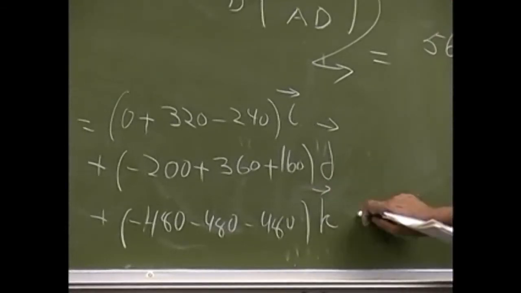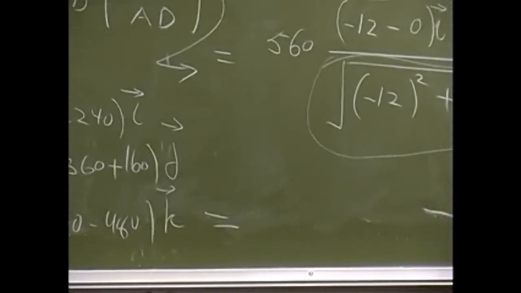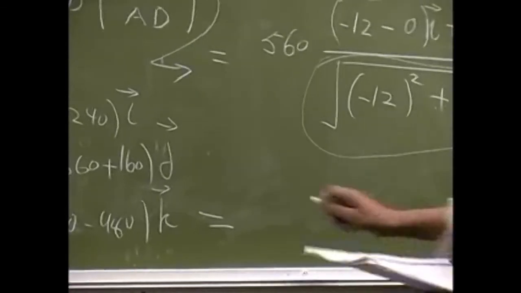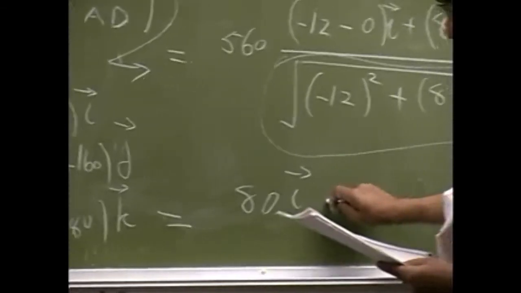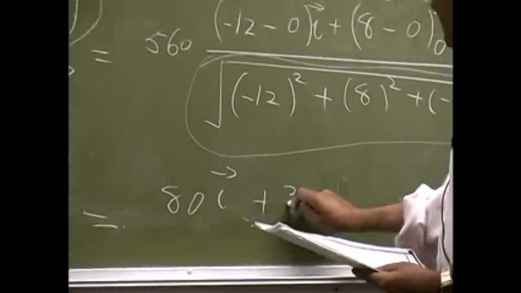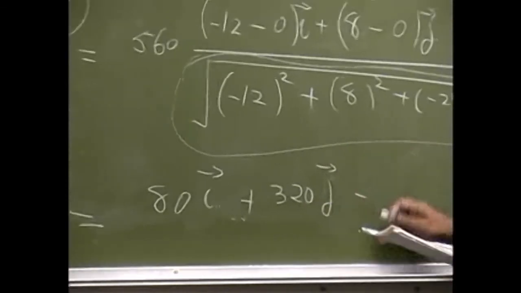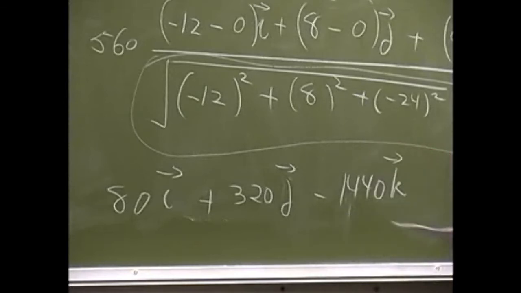And if you go through all the actual calculations, then this is going to become 80 times the i, 320 times the j, and negative 1440 times of k.